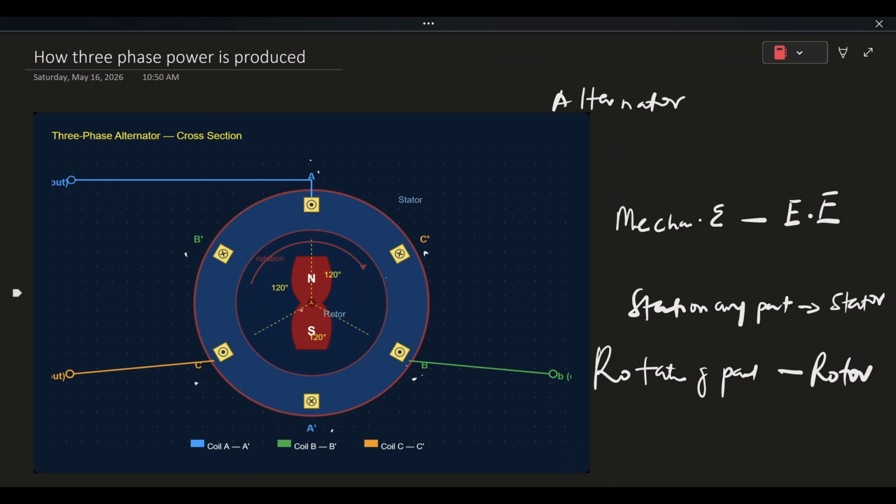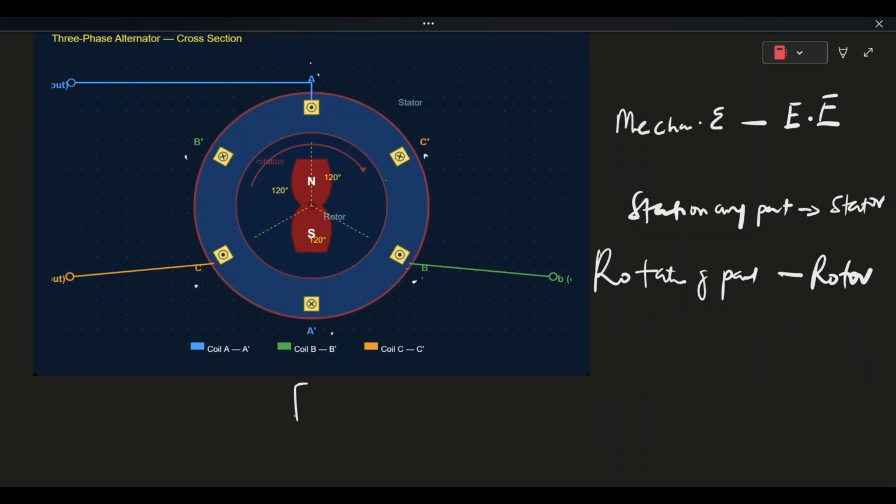So now, with this rotating rotor and stationary conductors A, B, and C, with reference to Faraday's law of electromagnetic induction, it says that when you have a relative motion between a conductor and a changing magnetic field, you have an EMF induced on the conductor. So now that is to say that we have EMF induced on A, B, and C, which are the conductors.